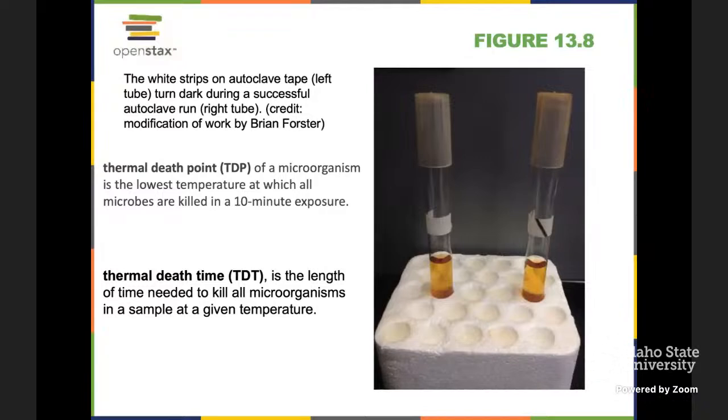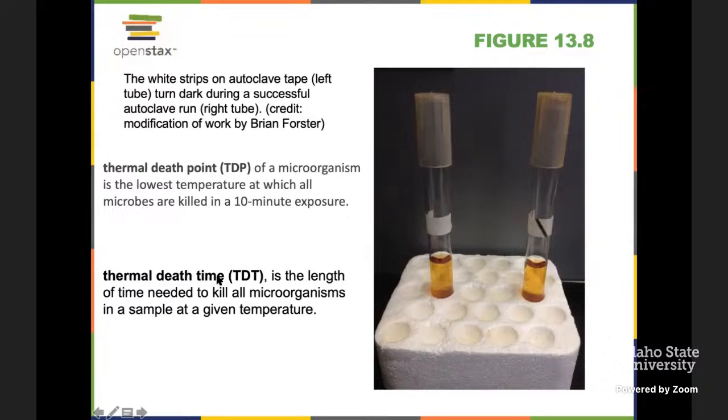It may require that 121 degrees autoclave temperature, or maybe even a lower temperature. Lots of microbes that live at our body temperature may not need a super high temperature to kill them. Bringing it up to maybe steam, 70, 80 degrees Celsius, could be sufficient, right?